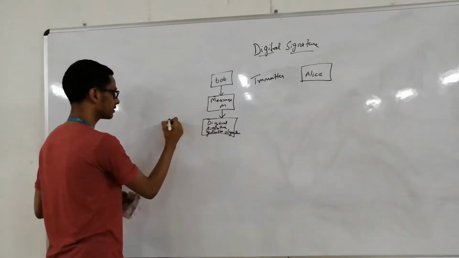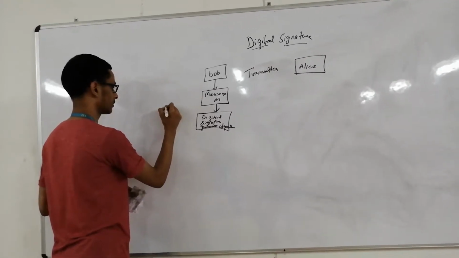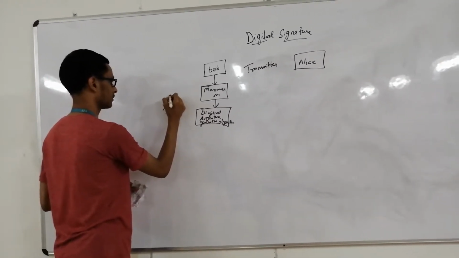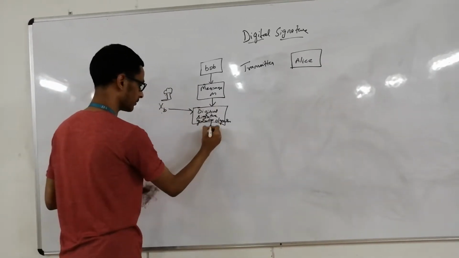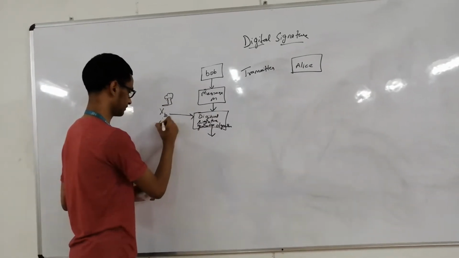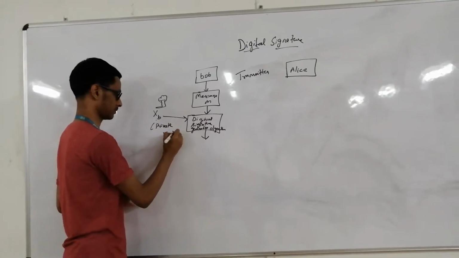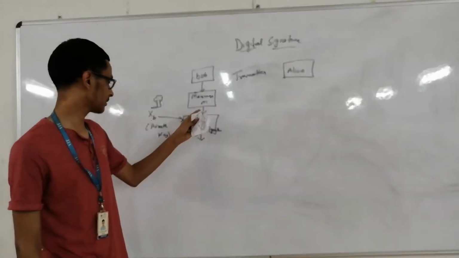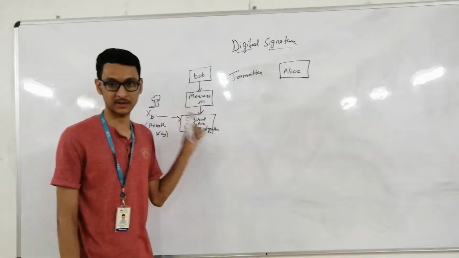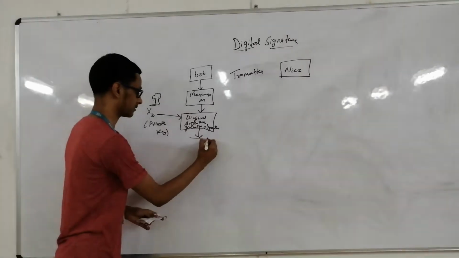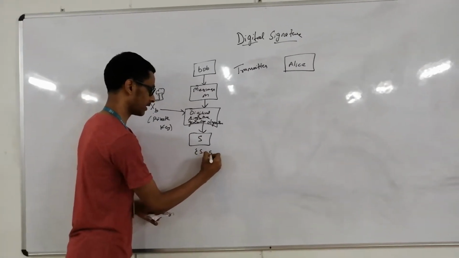Now Bob uses his private key, and with the help of this private key, Bob takes the message and his private key, and passes them to the generation algorithm, and he'll get S. S is a set of signatures S1 and S2.